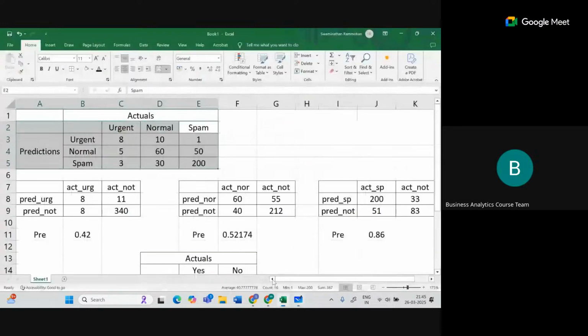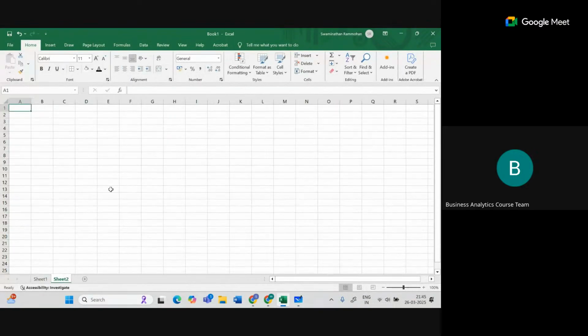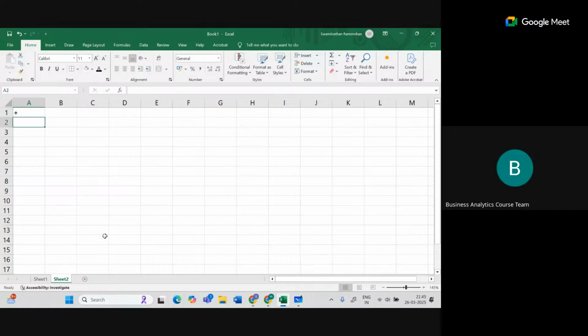So again, let me open Excel and just show you this. We'll populate small data here. The same example we'll take: sales office, then budget, then team size.